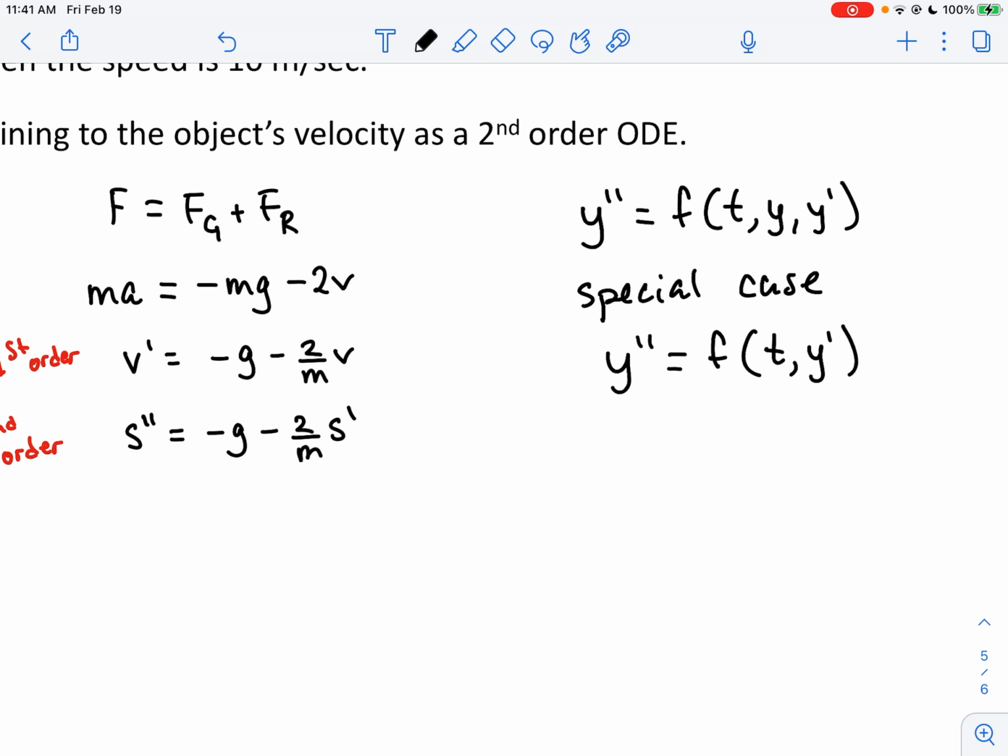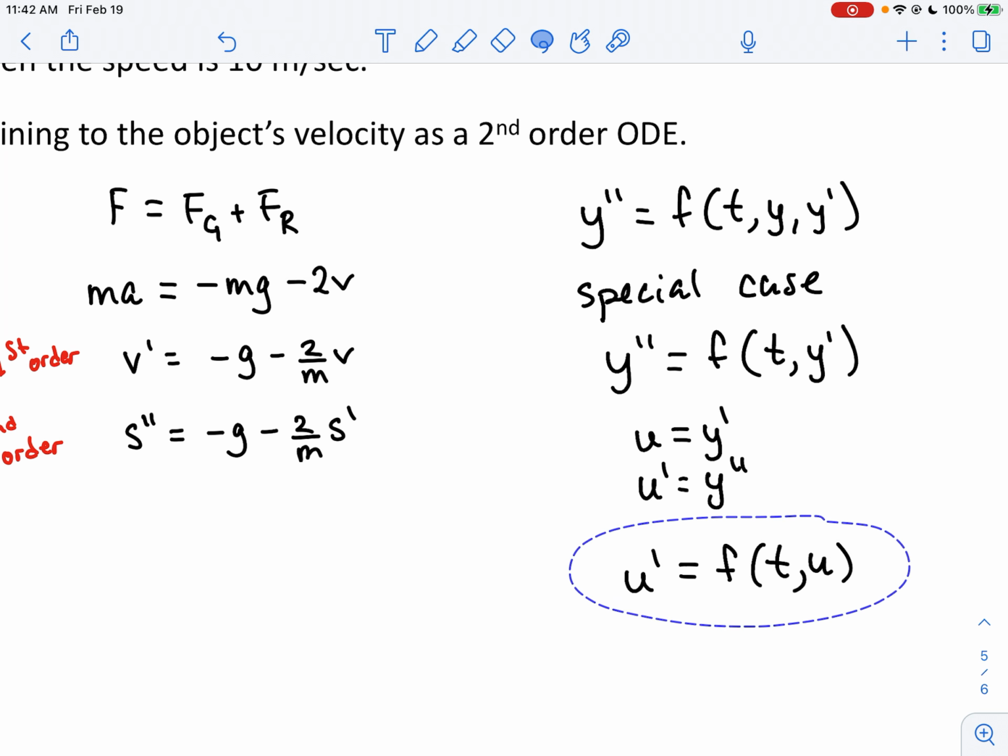If that's the case, then you could do a switch of variable and let u be equal to y prime. Therefore, u prime is equal to y double prime, and you can rewrite this second order differential equation as a first order. u prime equals a function of t and u. And now you can just use what we did from the first unit and solve this differential equation. It's a first order differential equation.